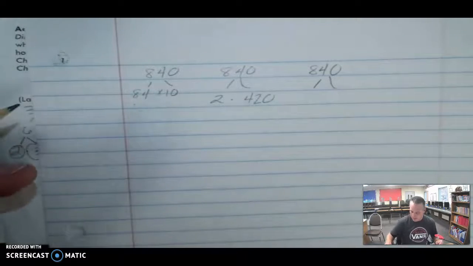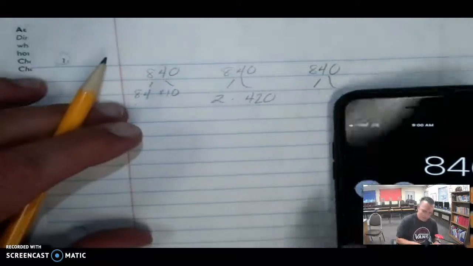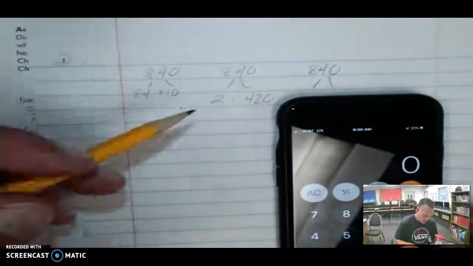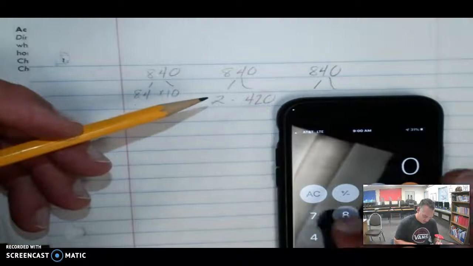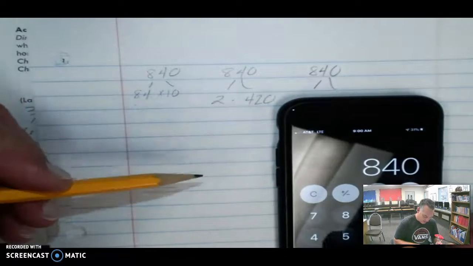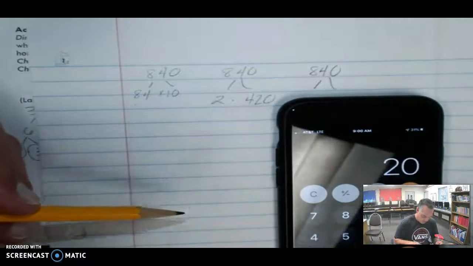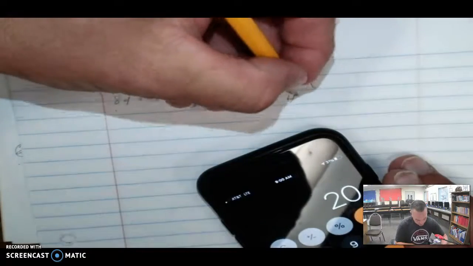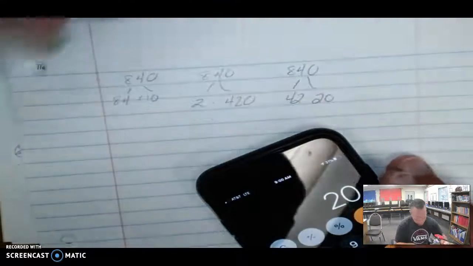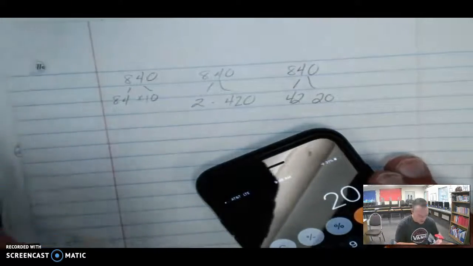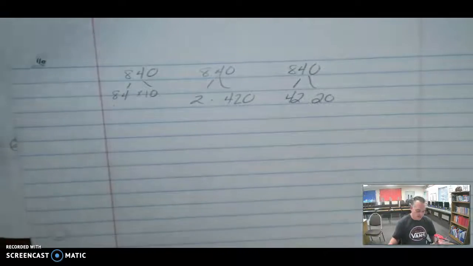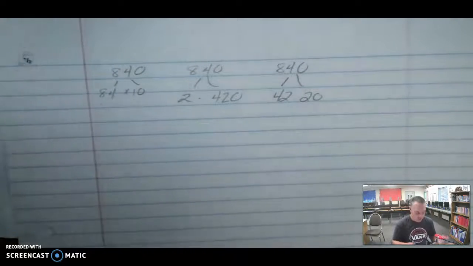So I'm just going to make sure on my calculator, it's okay to have a calculator, right? 840 divided by 42 is 20. So 42 and 20. So you go through and list all the possible ways, not all the possible ways, but ways to make 840. And it's going to start making sense.